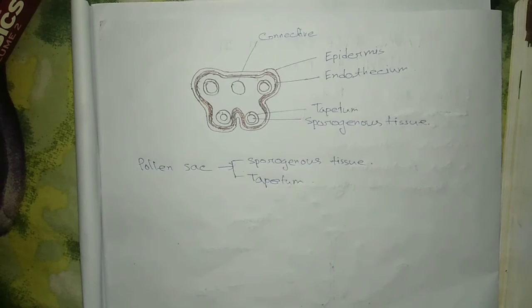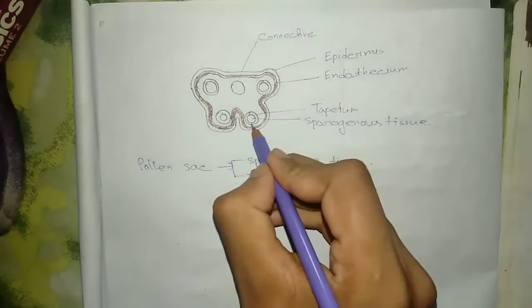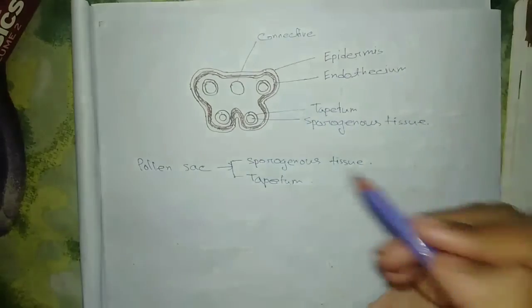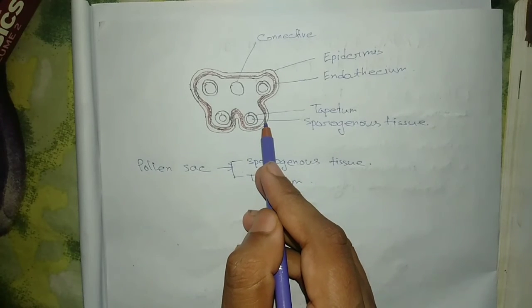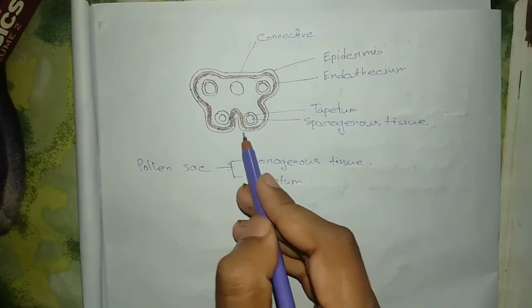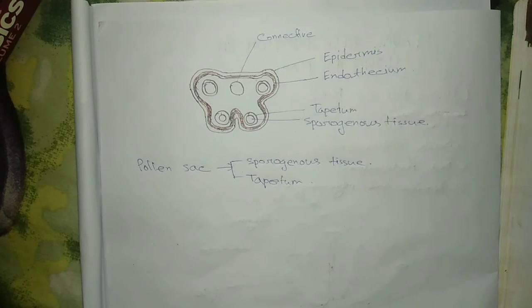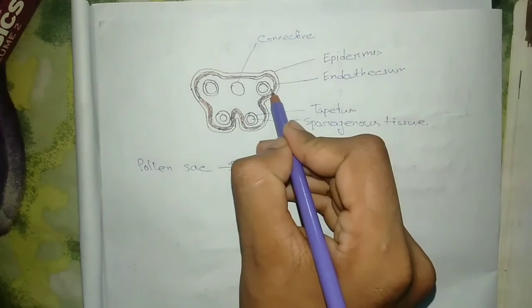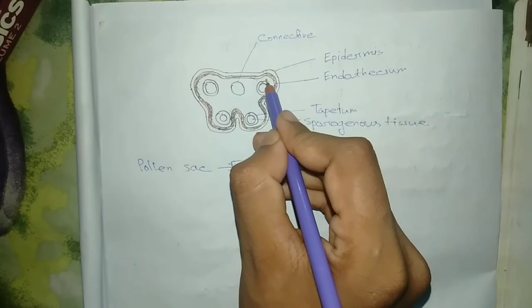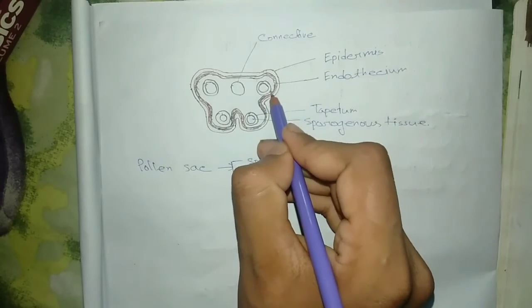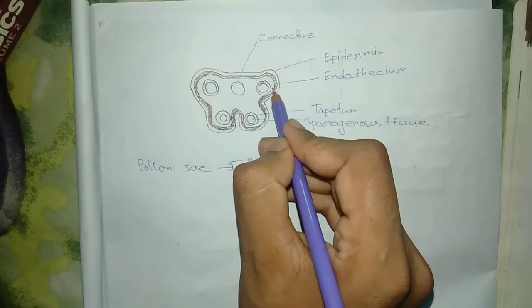Okay, here we can see some space between the pollen sac and endothecium. Which part am I talking about?